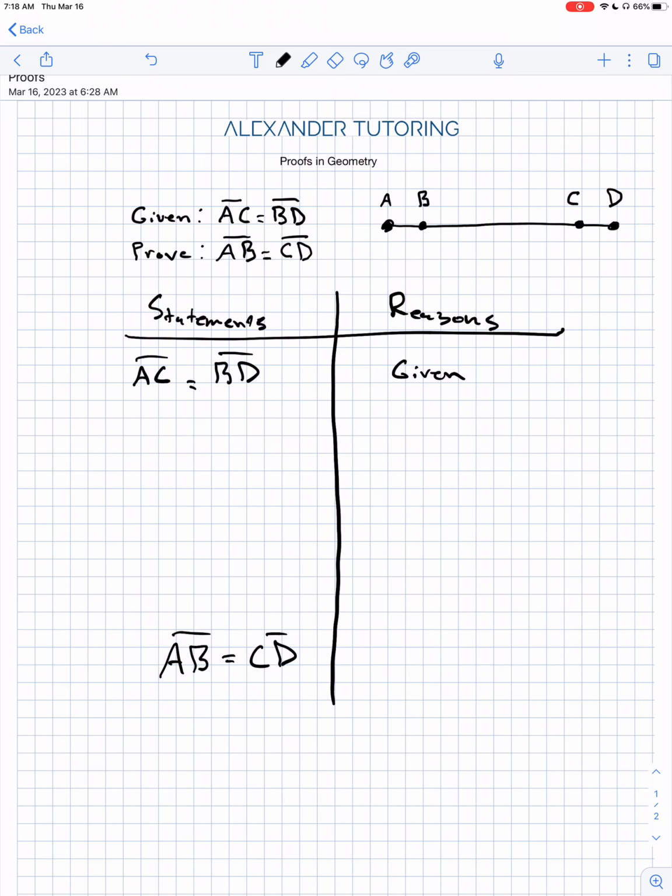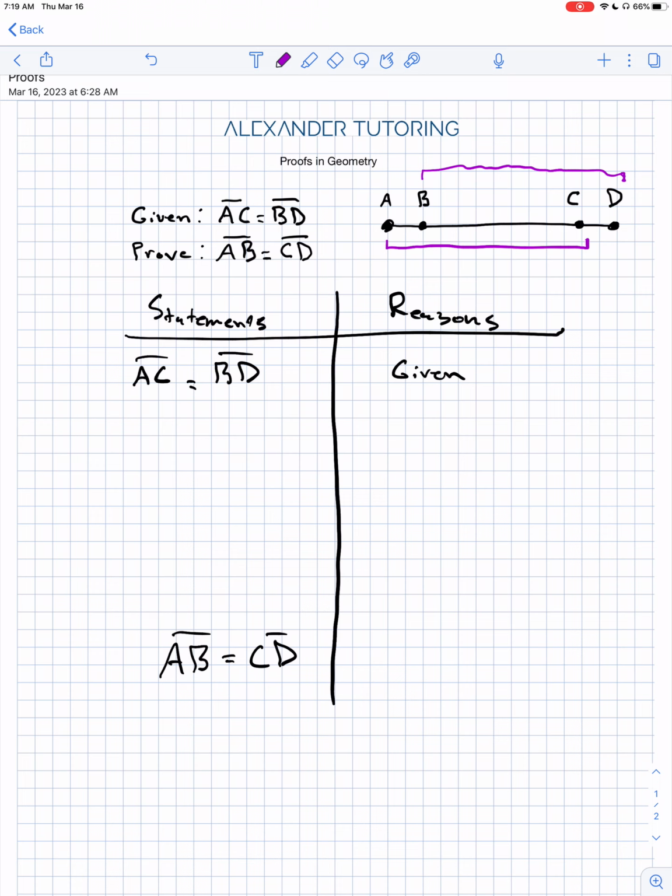Okay, now the trick, of course, is just to figure out what goes in the middle. All right, so now we want to start thinking about the problem. So what do we have here? We know that AC, from the given, that's this segment, is equal to the line segment BD, or this guy. So picture, you always want to have a picture.